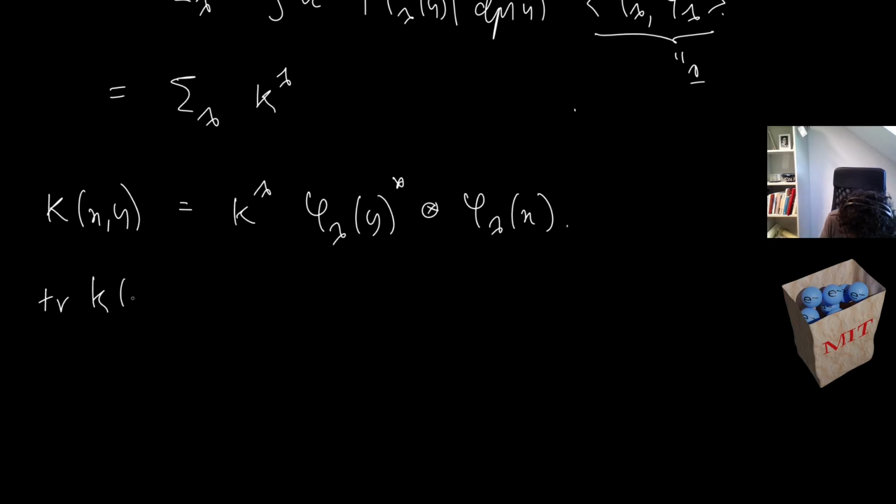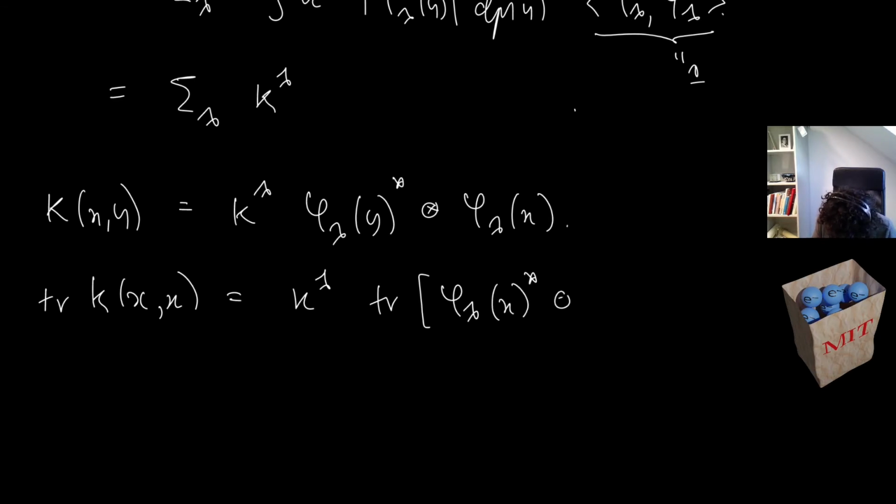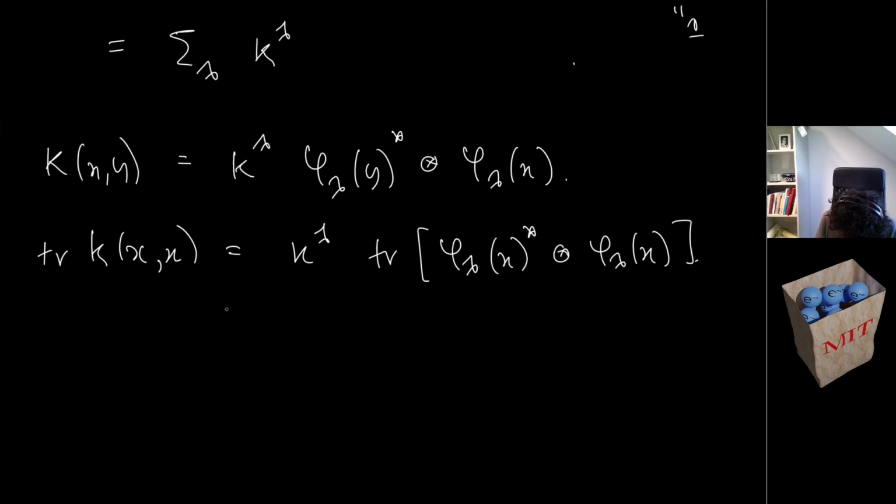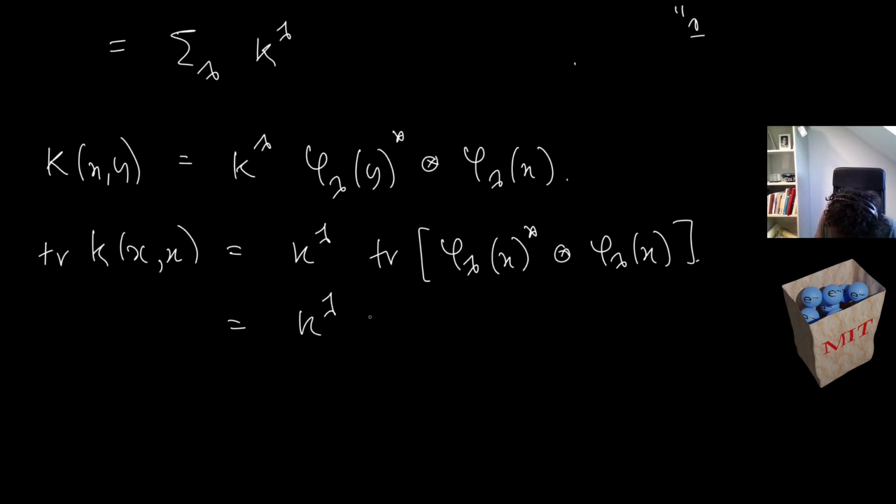So what's the trace of the kernel at x, x? So that's going to be K lambda trace of phi lambda of x tensor phi lambda of x, and so the trace here is simply going to be K lambda trace K lambda of... so there's a sum here still, so this is going to be phi x star eating up phi x.